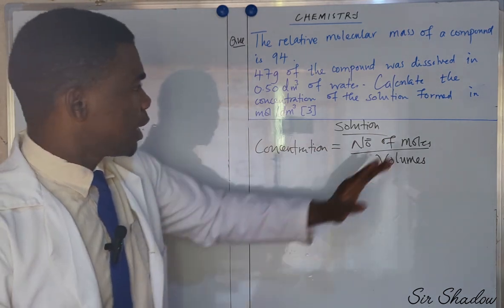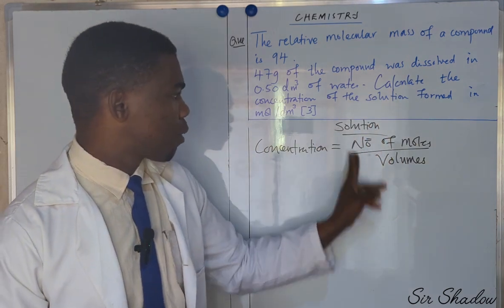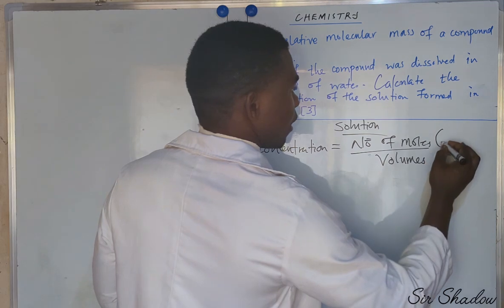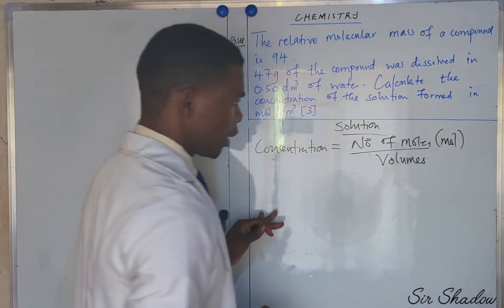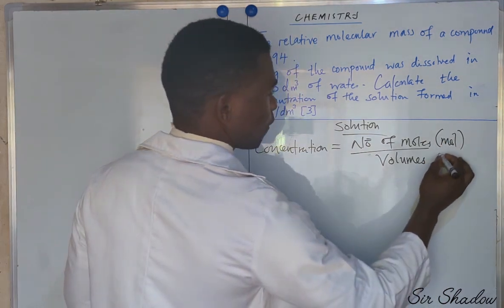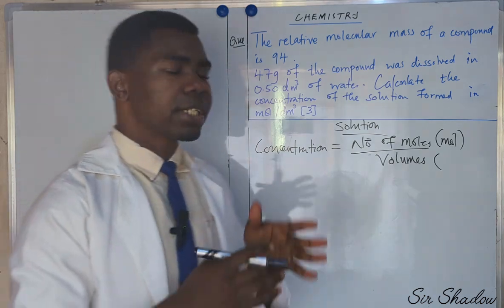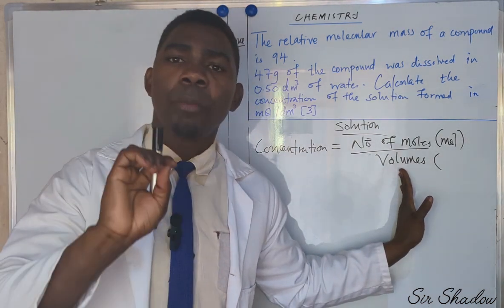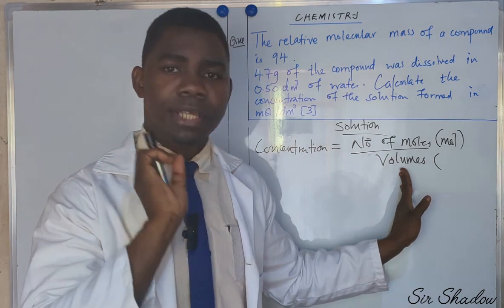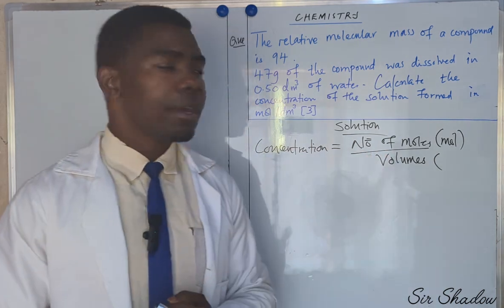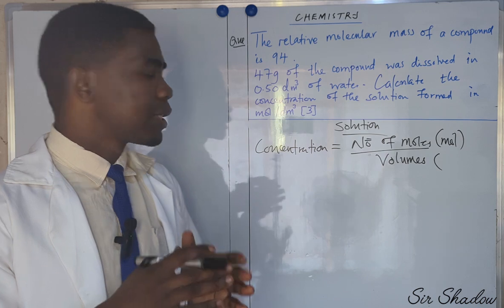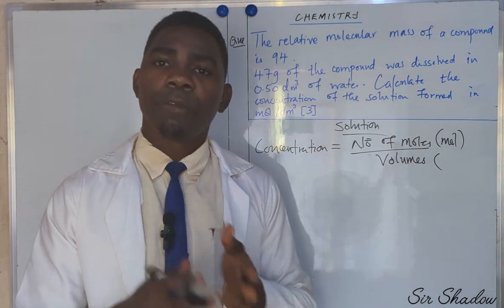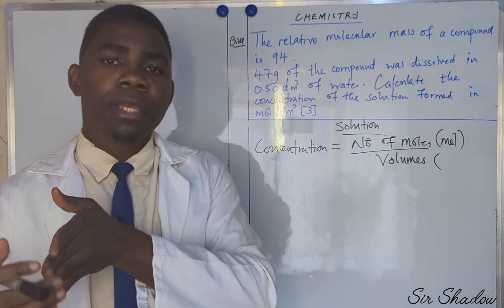Mole per dm3 is just generated from this combination. Concentration is equal to number of moles over volume, where the volume is given in dm3. But if you are given the volume in cubic centimeters, you have to convert it into dm3.